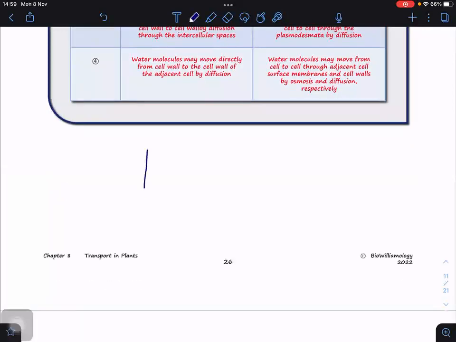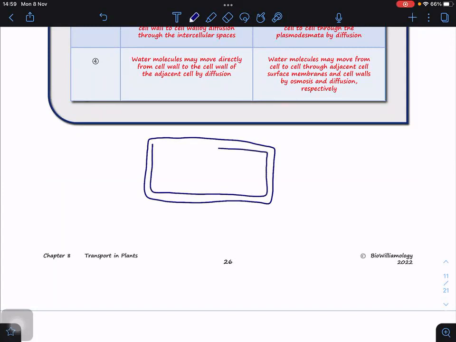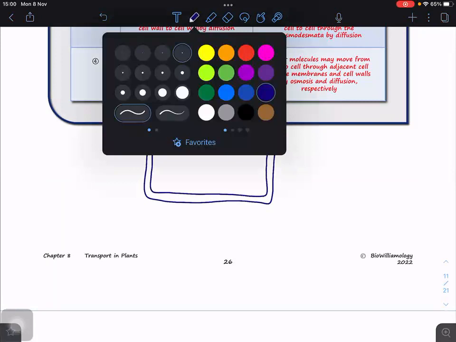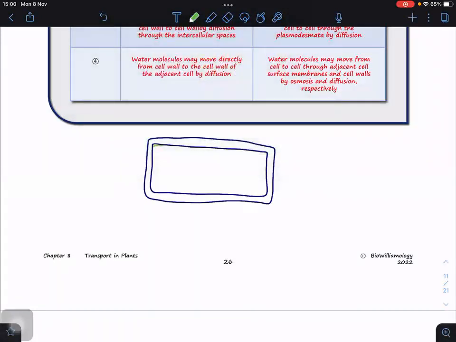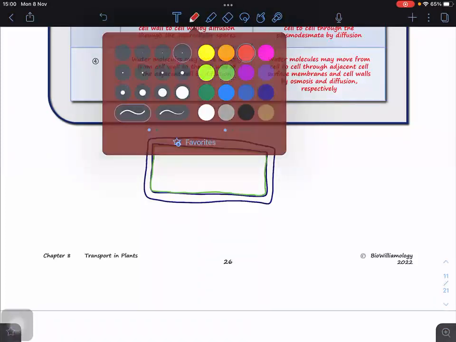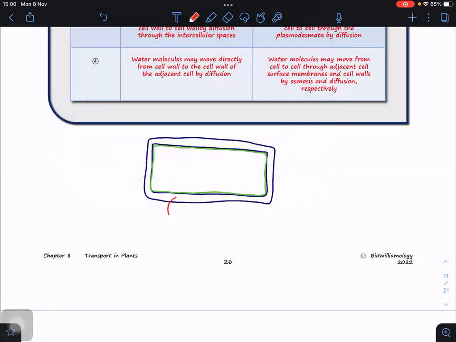So let us look at this. If this is the plant cell, so we have the plant cell wall, and then we do have a layer of the cell surface membrane. So it depends on which process you mention. If the water molecule enters into the cell wall, this process is by diffusion.